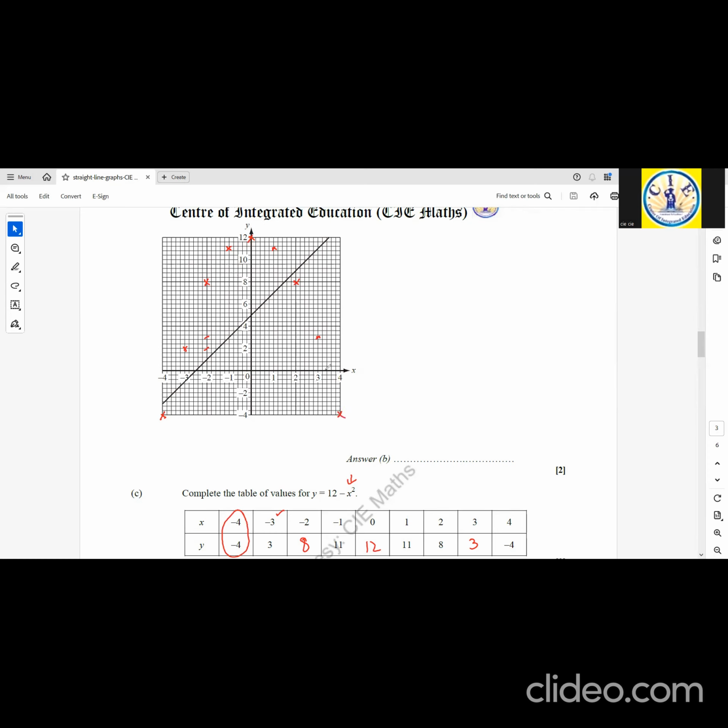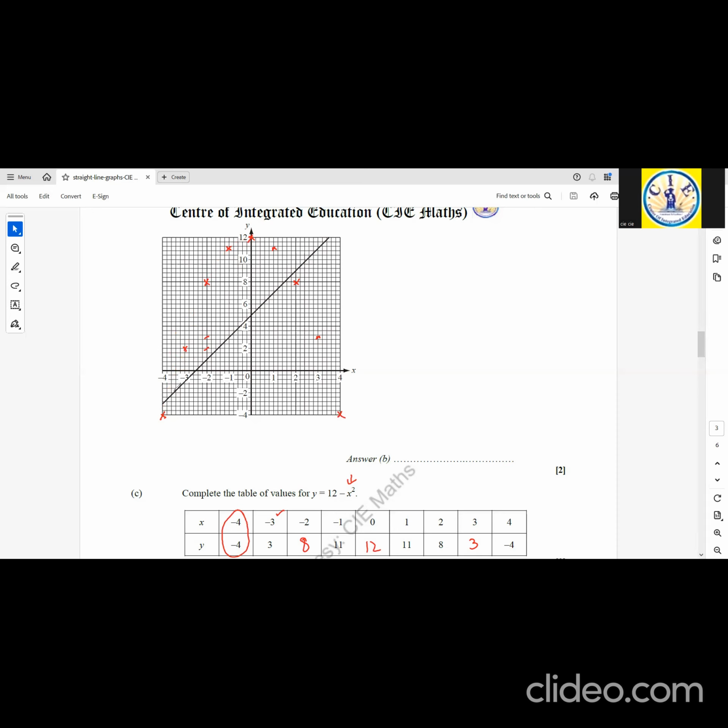Now I need to join all these points using a smooth curve. That is a bit careful task that needs to be done. You see here, there is a bulge that should not be there.